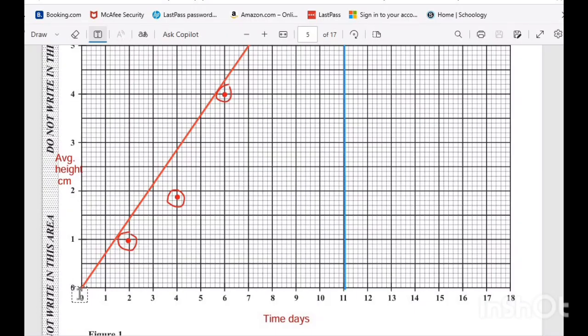So the x-axis is the one here at the bottom of the graph that runs horizontally, from left to right. We start at 0 right here in the corner. It goes from 0 all the way up to 18.